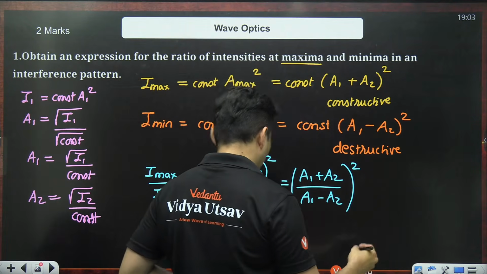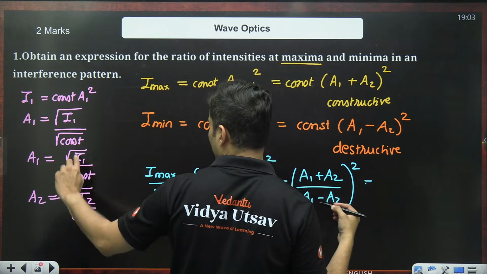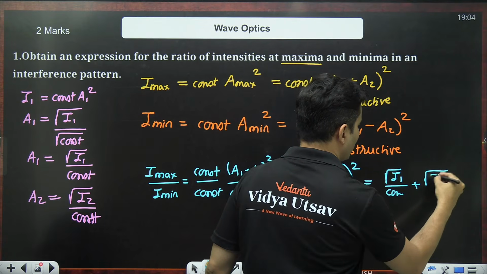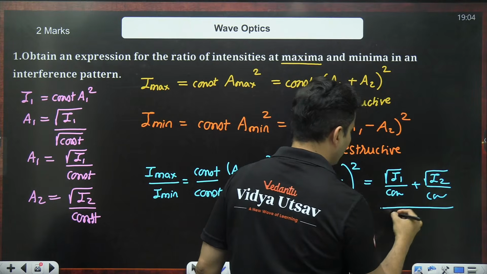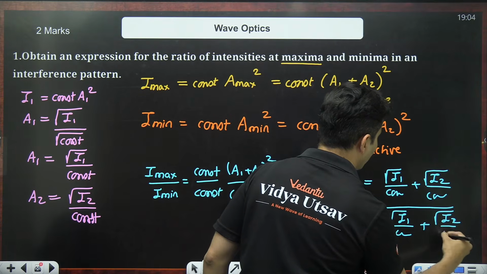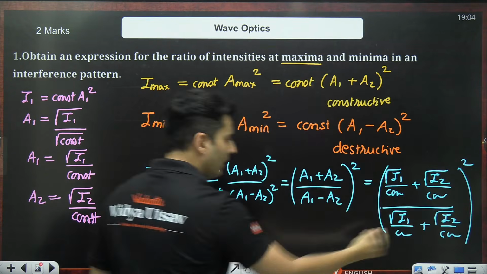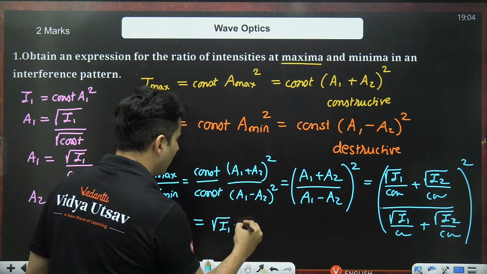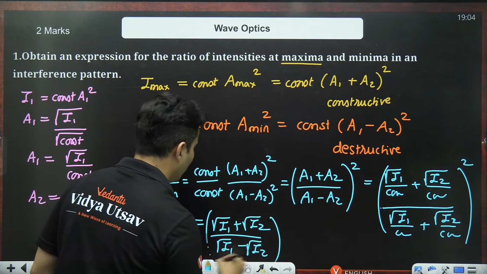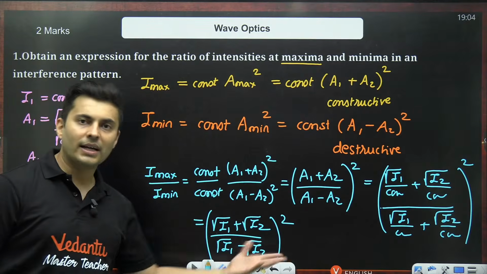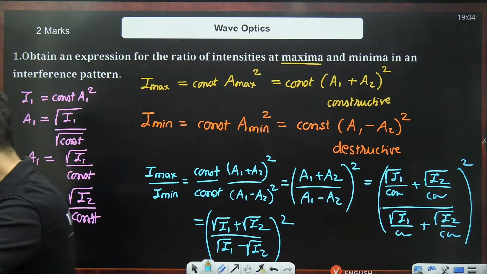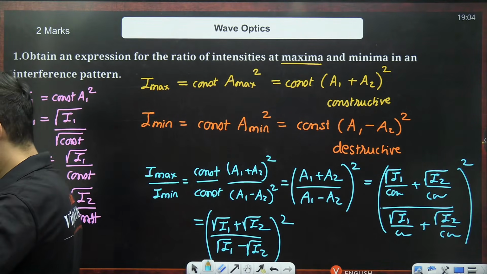So if you do that, A1 plus A2 will be root I1 by some constant plus root I2 by some constant, whole thing divided by root I1 by some constant minus root I2 by some constant. This whole thing squared, constants will get cancelled, and I'll have root I1 plus root I2 divided by root I1 minus root I2, the whole square. So this is another way of writing the same thing, because intensity is proportional to the square of amplitude. That's all. Okay, perfect, awesome.